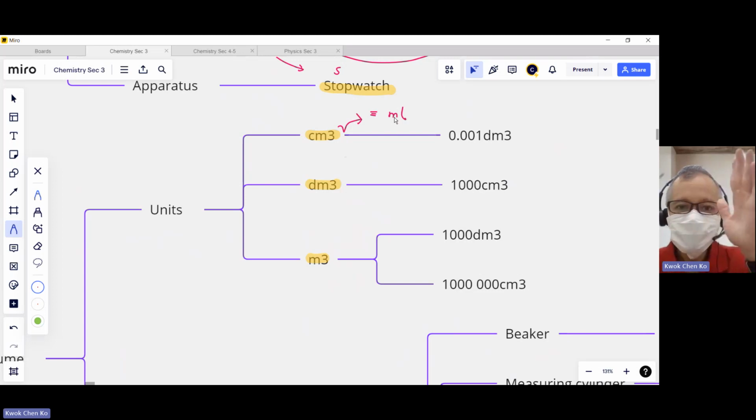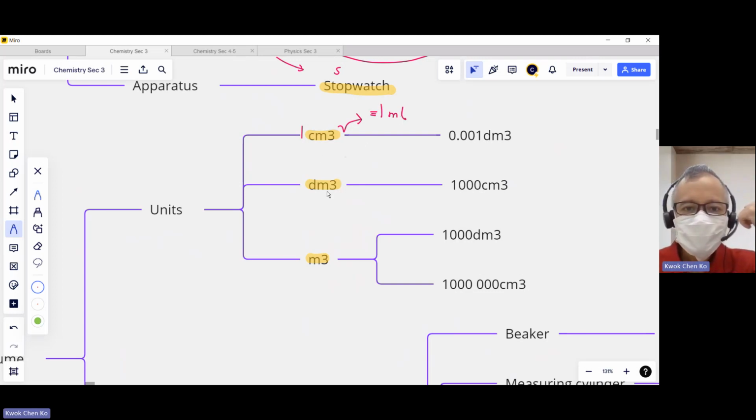However, for secondary school, they stick to cm cube, dm cube, and meter cube rather than ml and liters. But nevertheless, just to help you relate to the real world, 1 cm cube is equivalent to 1 ml.